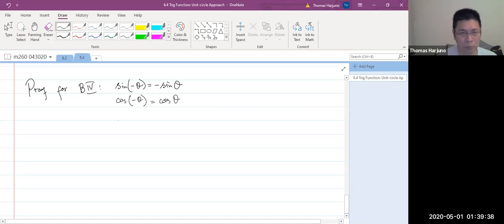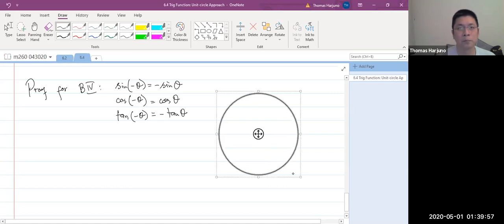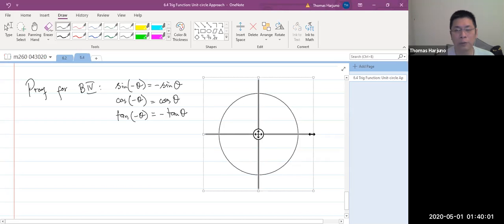Consequently, tangent negative theta will be negative tangent theta. Now, what's the proof? Here's the proof. Let's make it larger. The proof is actually by graphing. I proved that by graph.